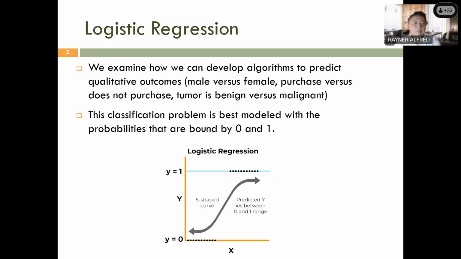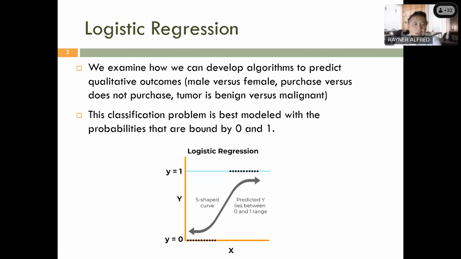Okay. So this classification problem is best modeled with probabilities that are bound by 0 and 1.